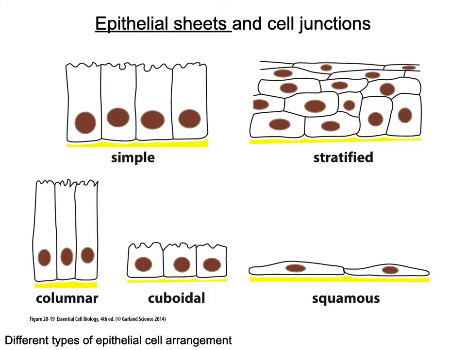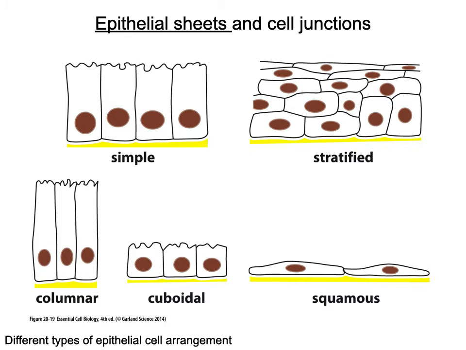When we look at a simple one, we can further define it by whether it is columnar. Columnar cells are going to be very tall. They do tend to have villi and microvilli present. Villi would be a larger structure made up of the epithelial sheet going up and down, like we saw in the gut.